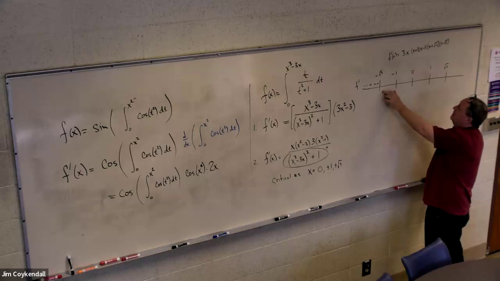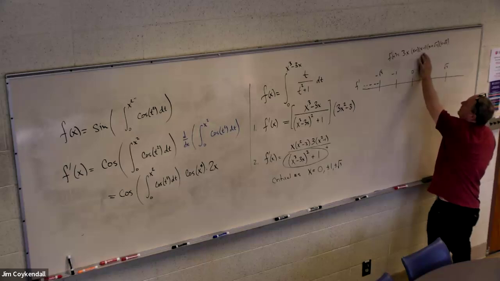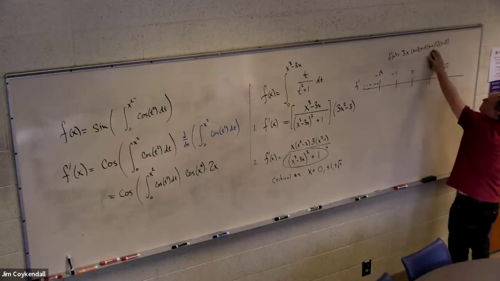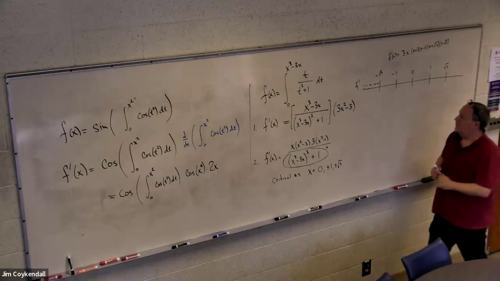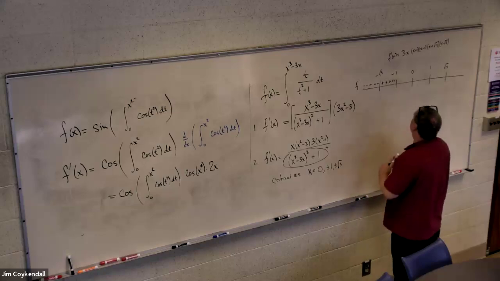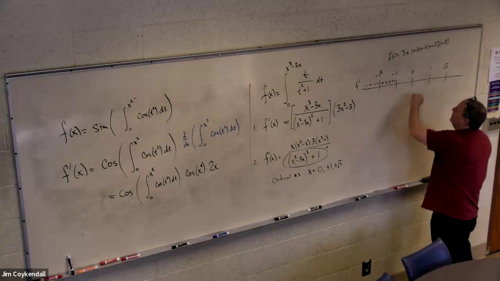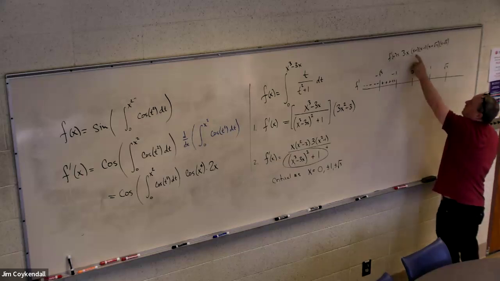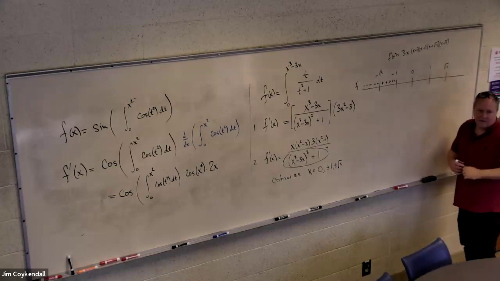Negative, negative, negative, positive, negative. So it's positive. 4 negatives and a positive. What about something like minus 0.1? Something in here. Negative, positive, negative, positive, negative. We got it.